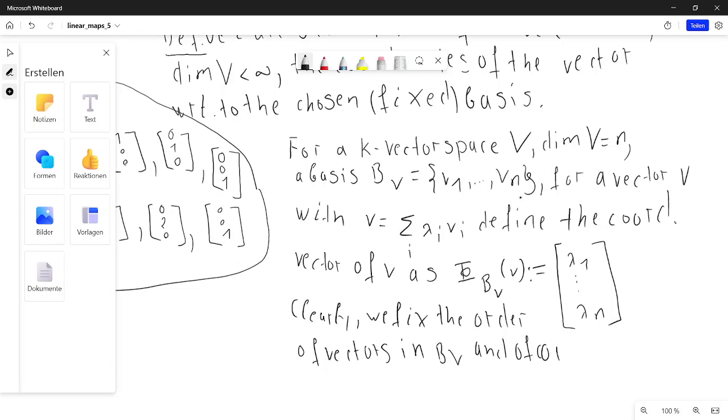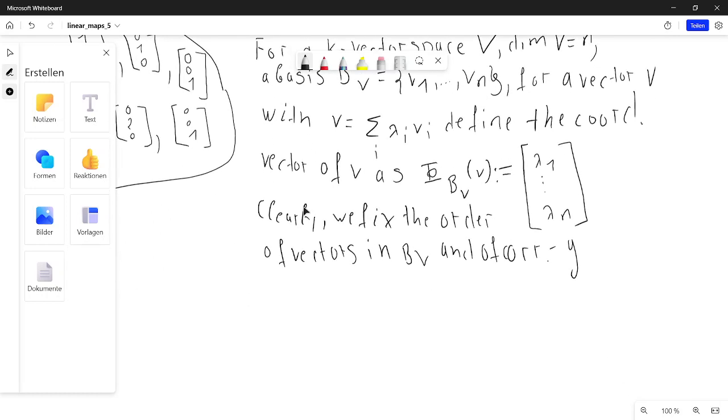Otherwise, this vector wouldn't be uniquely defined. The set of those constants would be uniquely defined, but the vector wouldn't be, because we could just switch the coordinates and interchange their places. Because this is just a set, the order is not defined, so we could rearrange them however we like. That's why we fix the order of vectors in B_V and of corresponding coordinates.